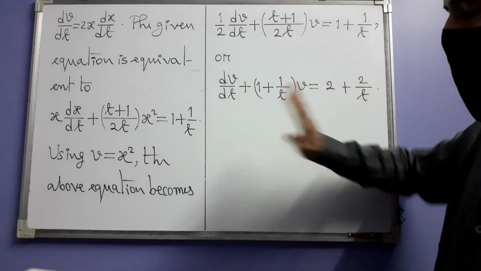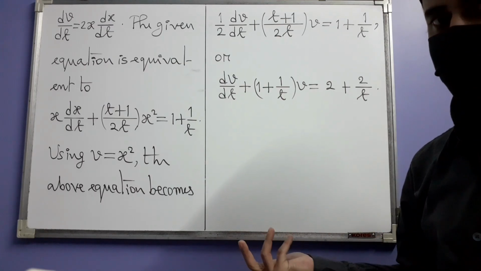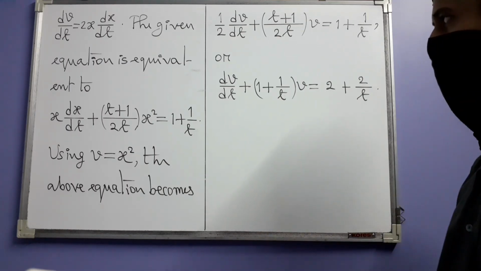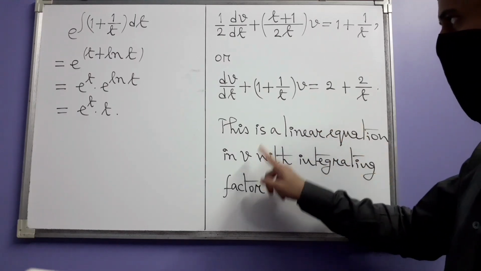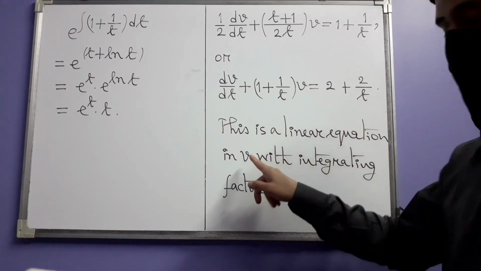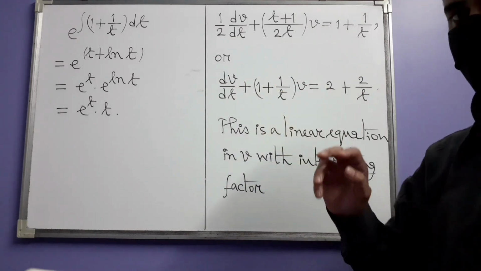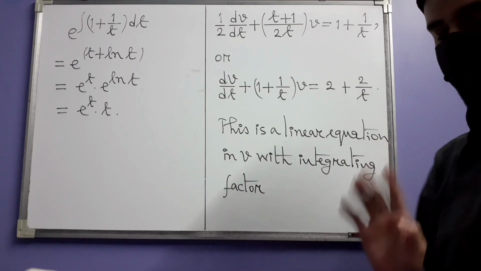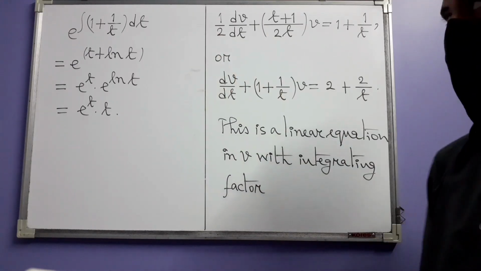Now this is a linear equation in v, and now the procedure is the usual procedure. So we write this is a linear equation in v, do not forget to write in v, the one that we now have, dependent variable v, with the following integrating factor.